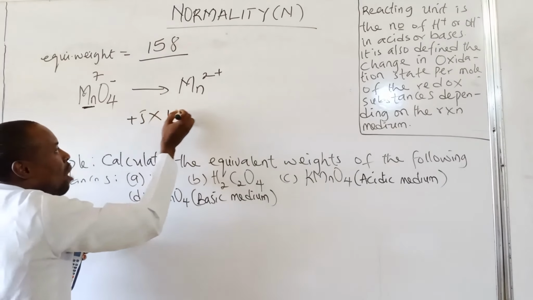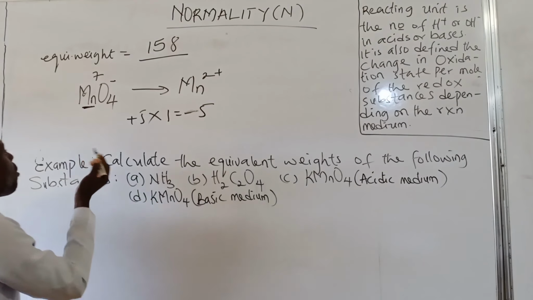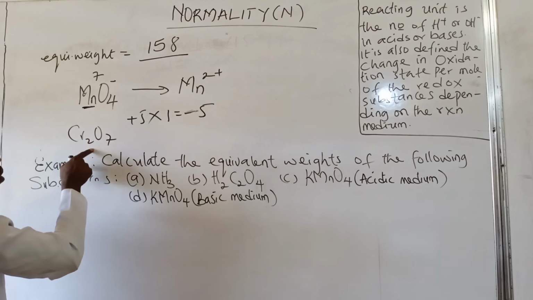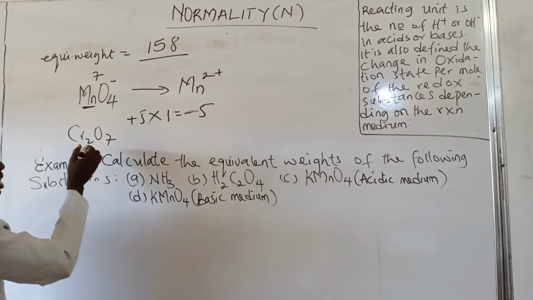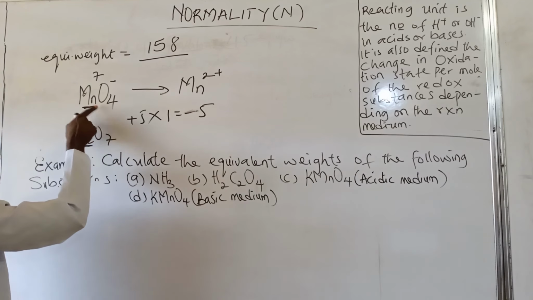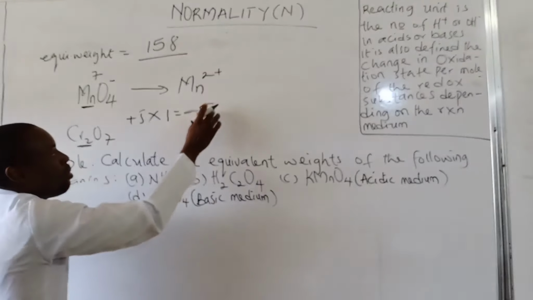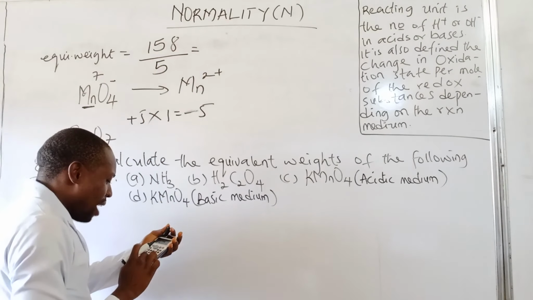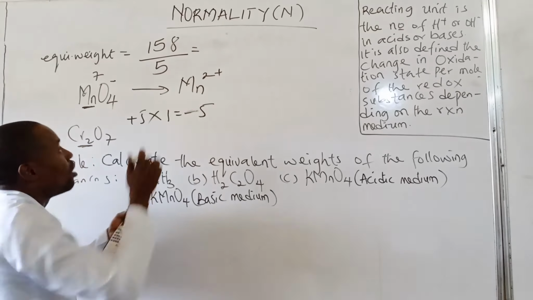So it will be times 1, which will then give me 5. And even if I was having something like, let's say, Cr2O7, and I'm looking for the oxidation state change here, the number of moles of the chromium here will be times 2. But because this one is 1, it will be 5 times 1, which will give me 5.